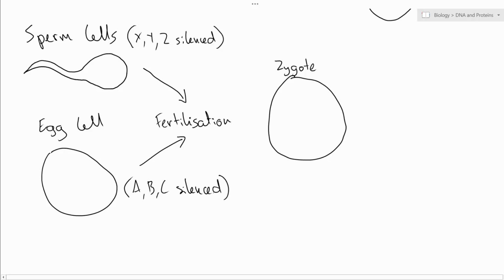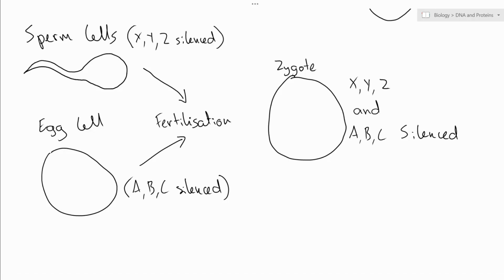So if those particular genes are silenced, among others being activated at the time of fertilization, then in this zygote, those genes are going to stay activated or silenced. So we see A, B, C, X, Y, Z silenced. This is what helps give rise to a particular phenotype from the genotype because of these epigenetic factors that are switched on or turned off, genes that are silenced or activated at the time of fertilization.